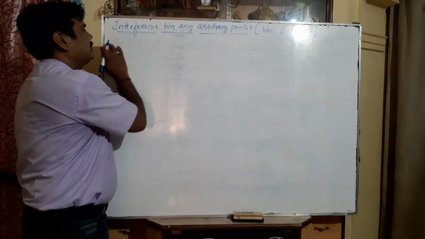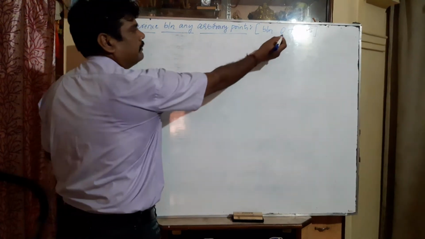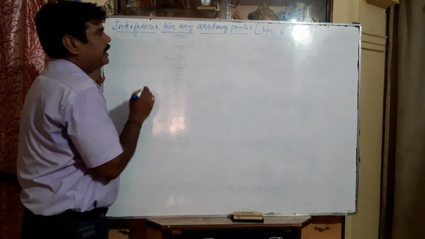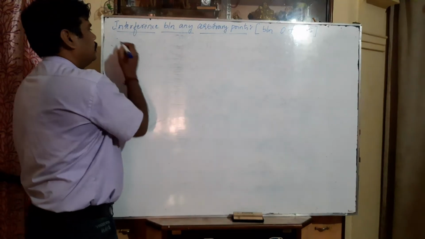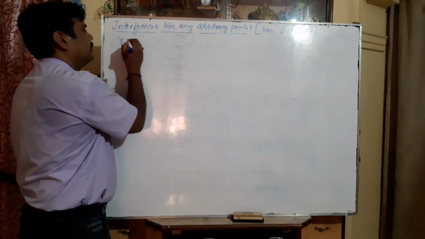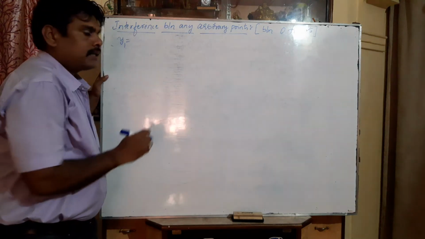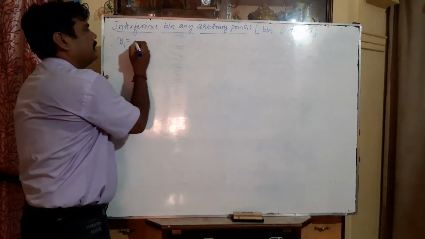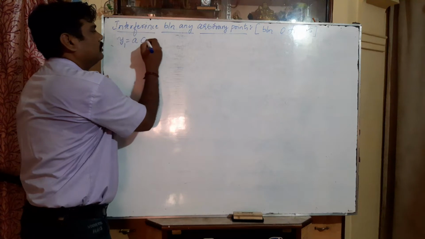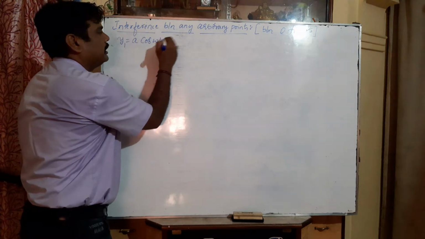So let us consider, if the point lies between 0 to 0.5, let y1 be the displacement along y-axis. Y1 is equal to a into cos omega t.